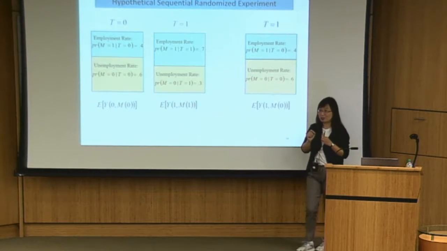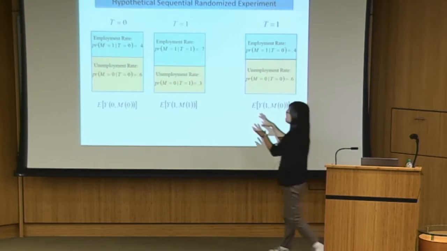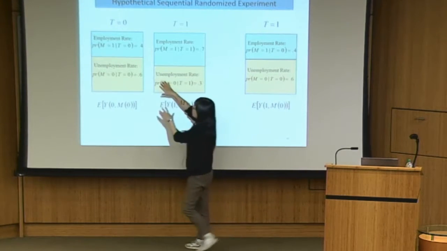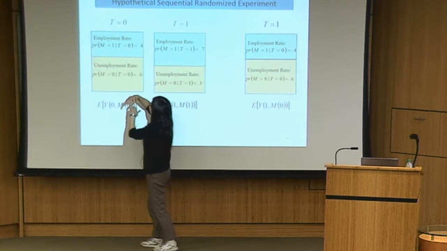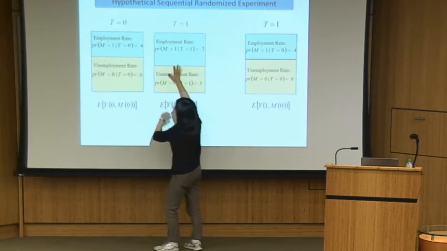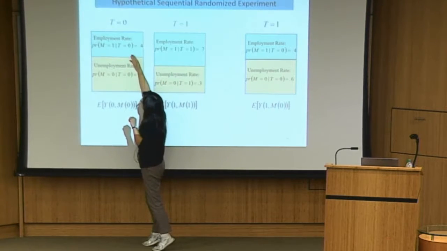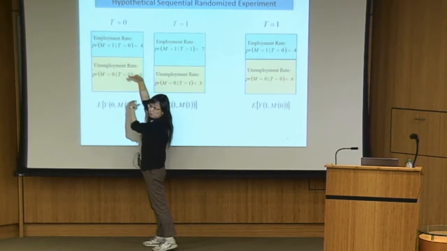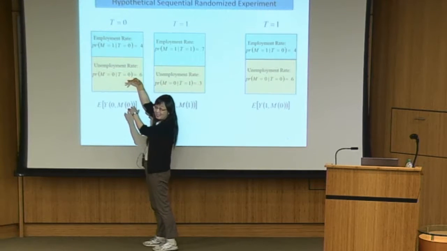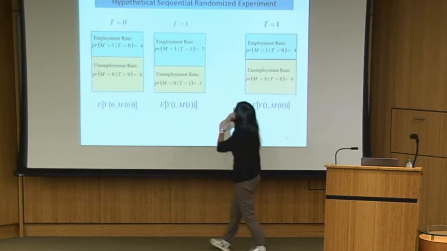So that's the issue. The second stage randomization helps because not just the treated group and the control group on average are comparable, but also within each group, the employed people and the unemployed people are comparable. That's the beauty of sequential randomization.